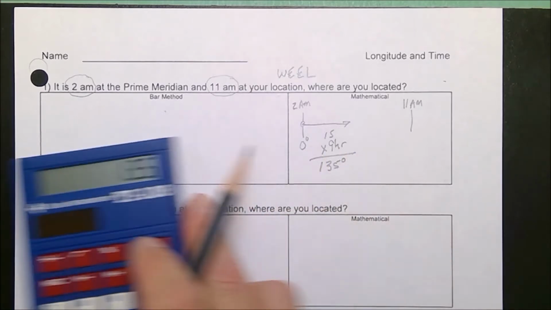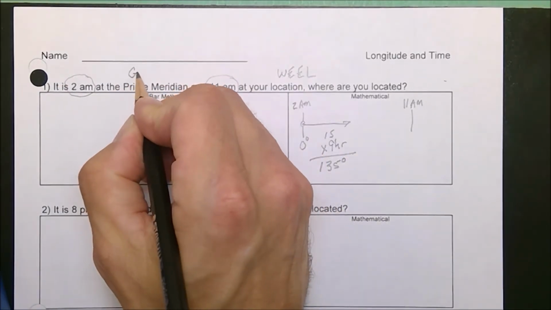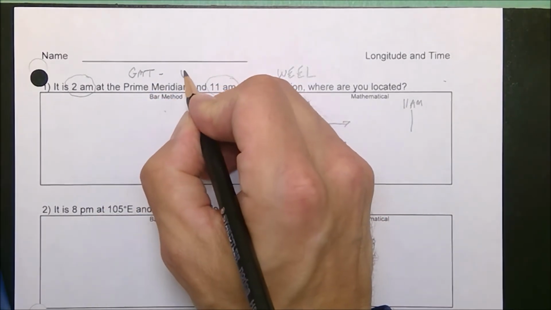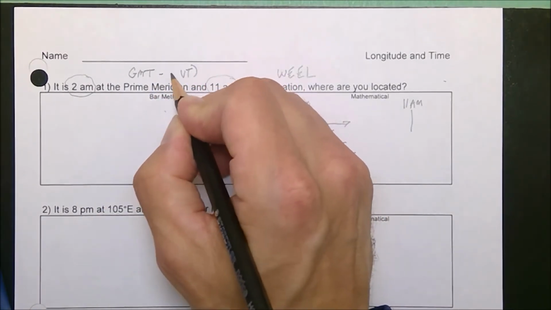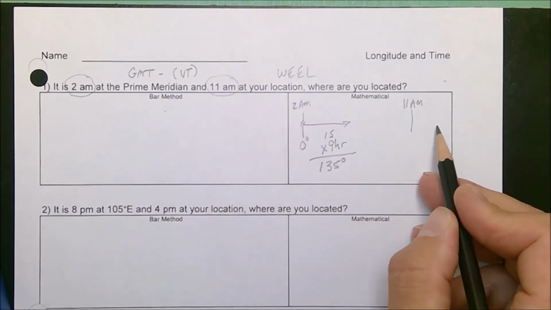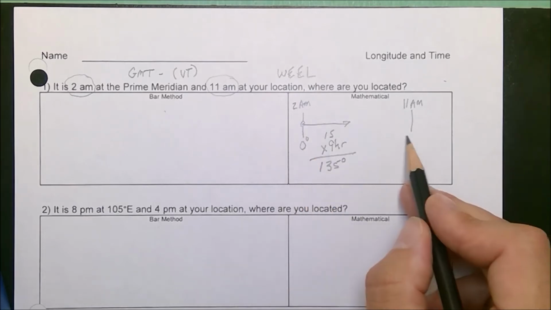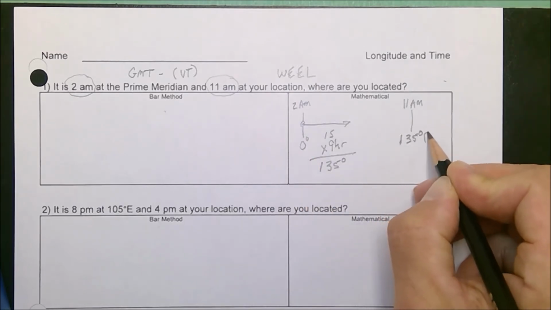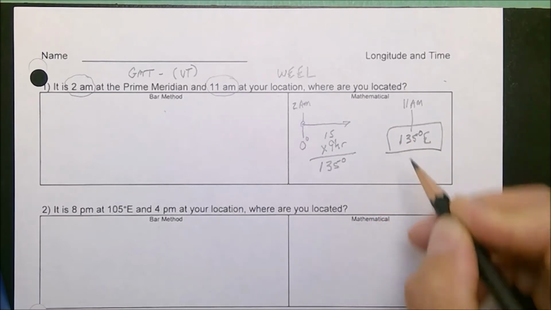Now, sometimes they call the time at the prime meridian GMT for Greenwich Mean Time. They also can call it UT for universal time. But in this method, where I'm doing the math, I'm moving 135 degrees. So my answer here is going to be 135 degrees east.